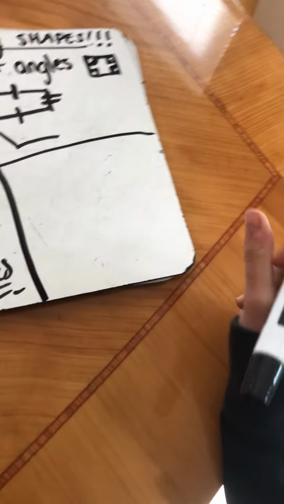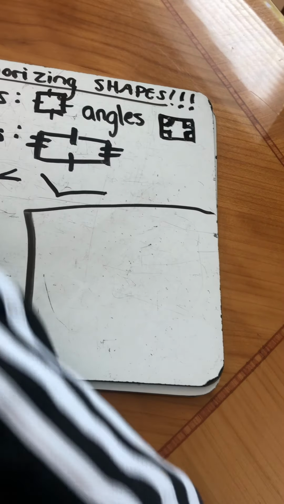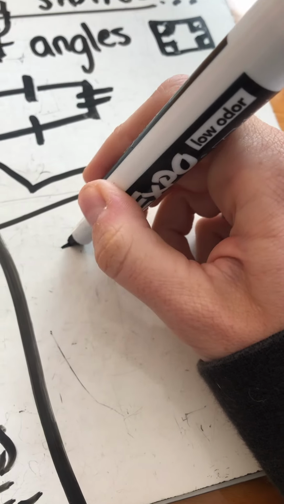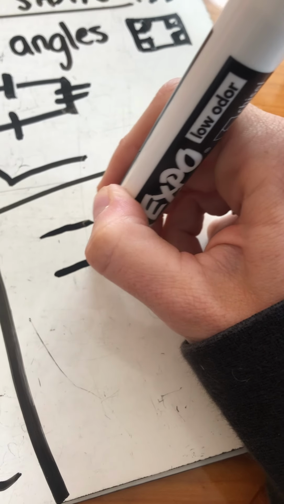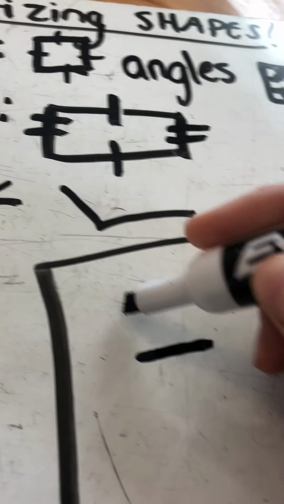All right, my friends, we have one more question to review. Let me just make some space over here. And that question has to do with equal sides. So equal sides would mean 2 sides are exactly the same length. This side is the same length as this side.